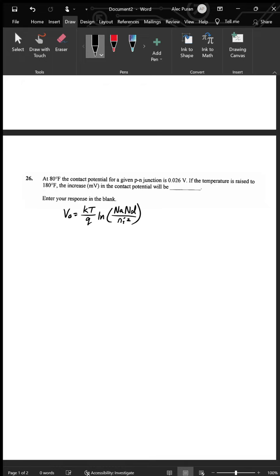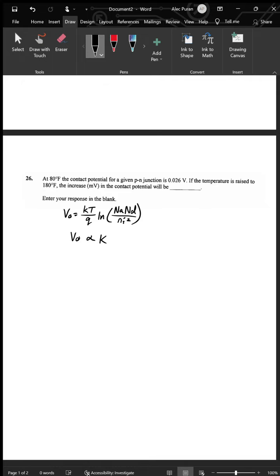So what does this equation tell us? It tells us that V naught is proportional to the temperature in Kelvin. So we have to do a bit of units conversion here, and we have to convert to Kelvin.